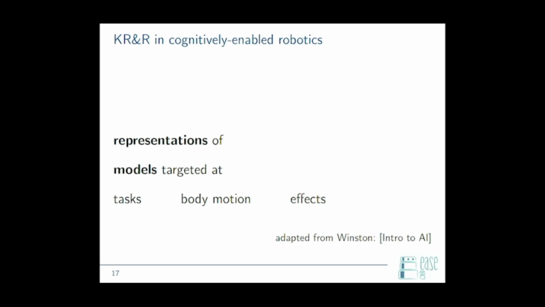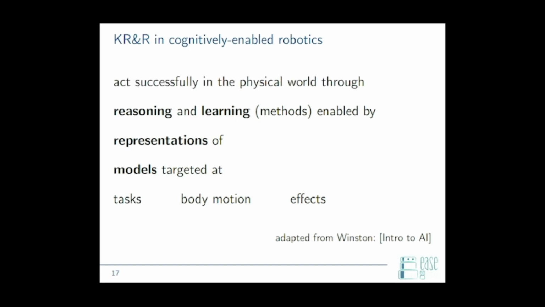And therefore, we want to think about what are the reasoning and the learning methods that are enabled by these representations of the models of the tasks, body motion, and effects. And all of these computation mechanisms have a single purpose, and that single purpose is to act successfully in the physical world.